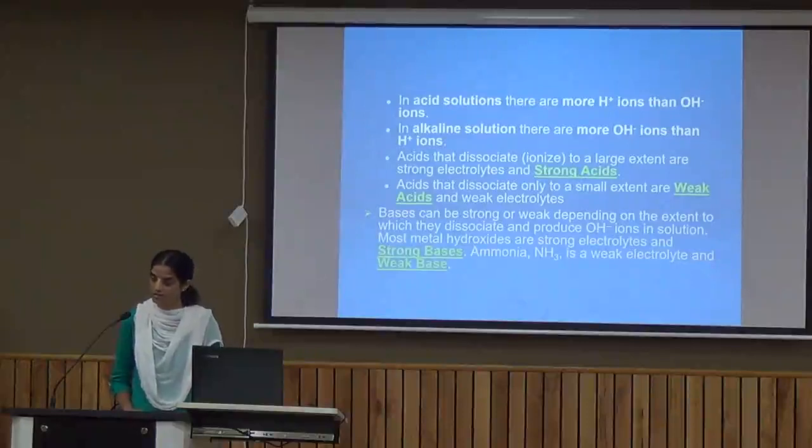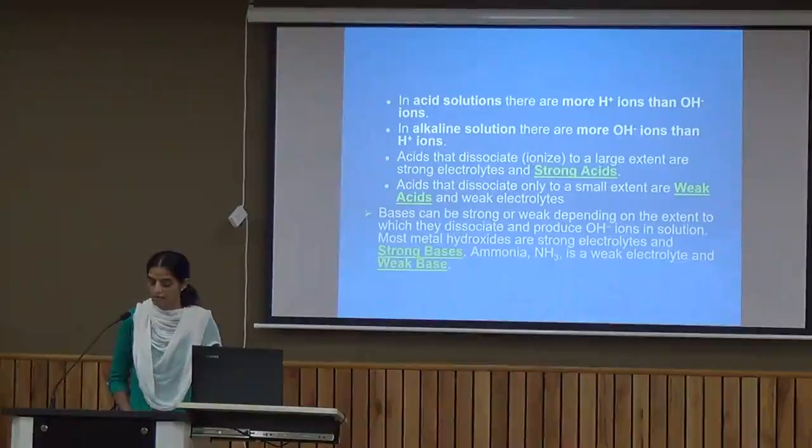Then further, they have given us the distinction between strong acids and weak acids. Acids that dissociate or ionize, or break into ions, on dissolution in water to a large extent are called strong electrolytes or strong acids, meaning they furnish a large amount of hydrogen ions in solution.